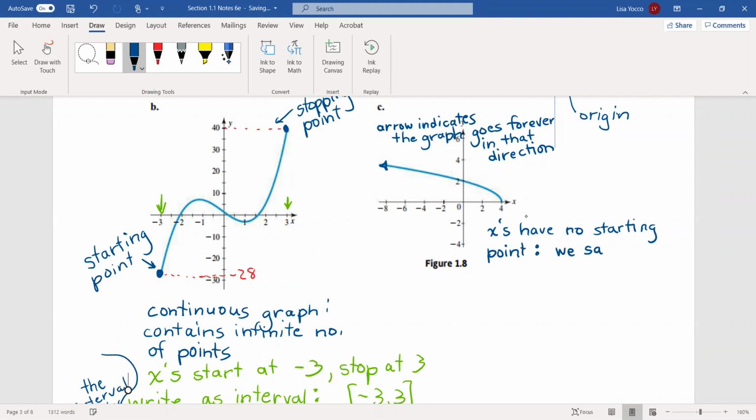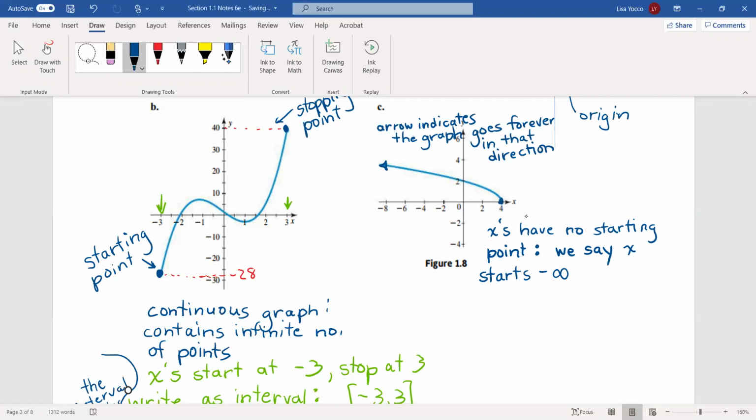So we say, and this is a little, I'm just gonna write it, it's kind of funny looking. We say it starts at negative infinity because that's our symbol that means all the way to the left. All right.